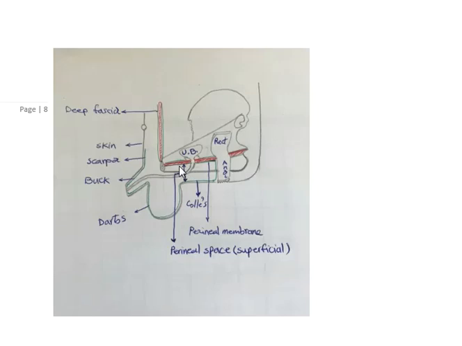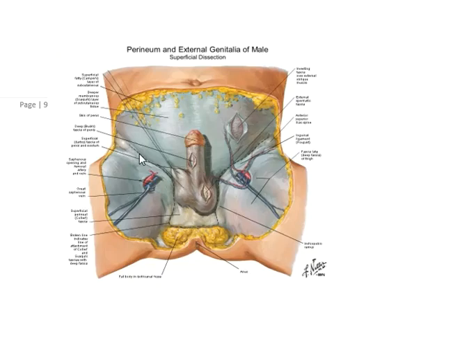And the space between the perineal membrane and Colles fascia or skin is the perineal space again, but superficial.